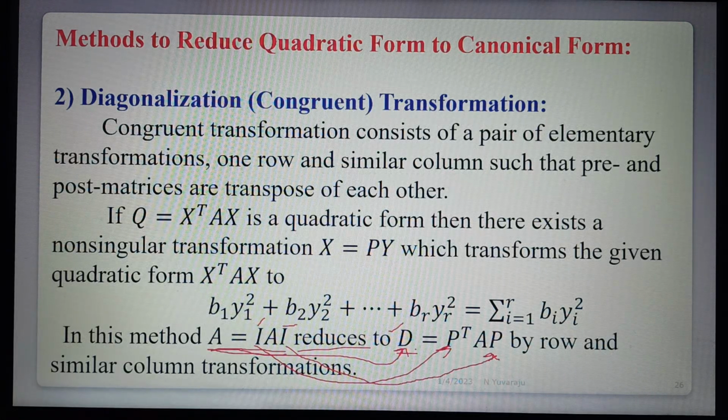By using row and similar column transformations, this method is called diagonalization transformation. Understood?